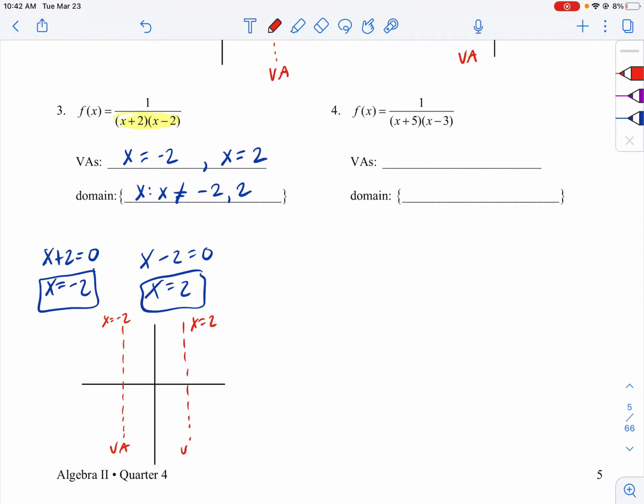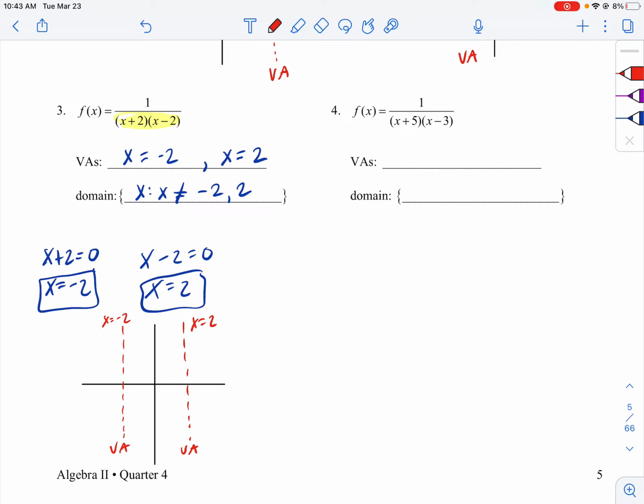So this is what we call our vertical asymptote. And I will repeat, a vertical asymptote is a vertical dashed line. Technically, when you actually use a graphing calculator, you will not see a vertical dashed red line. It will not be in there. But it's technically like an imaginary line that you cannot touch and cannot cross.